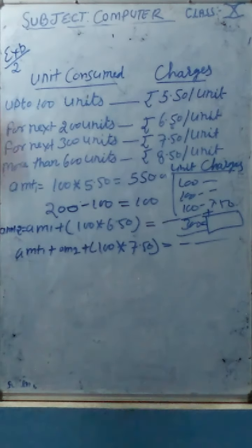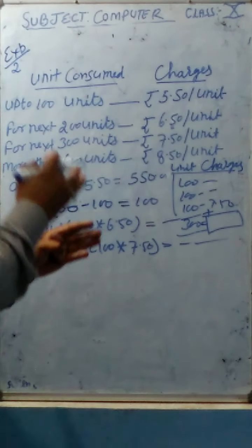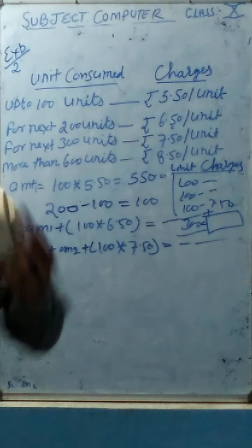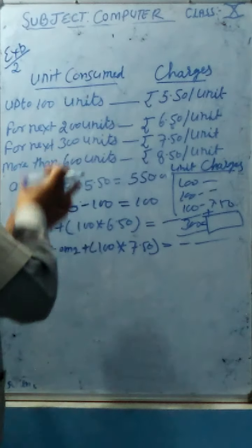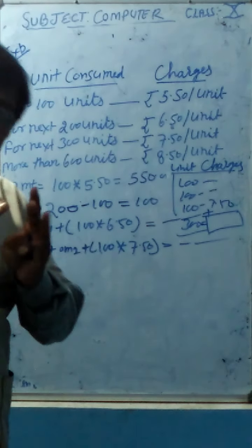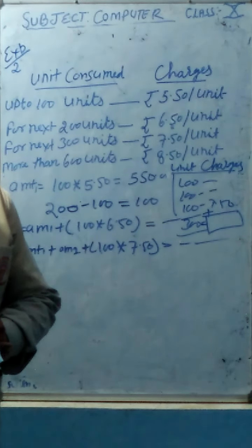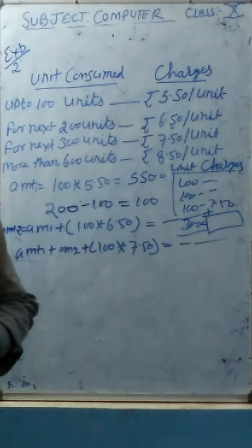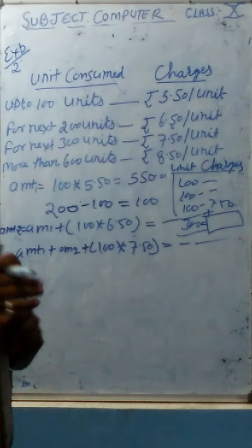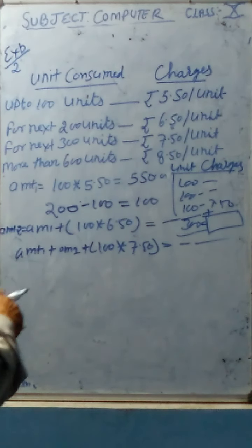So like this you will do the calculation with the help of programming. I hope all the students understand well how to calculate the electricity bill. Do you all understand? Now we will start our program.